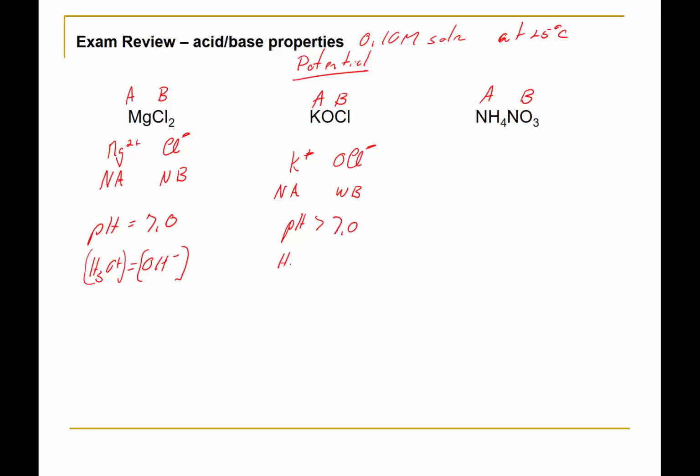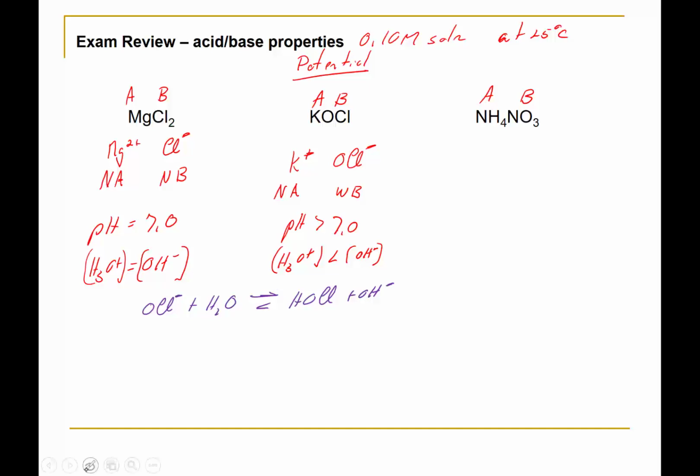The hydroxide concentration would be greater than the hydronium ion concentration. The hydrolysis reaction would look something like the following. The hypochlorite reacts with water. It's going to pick up a proton from water to form hypochlorous acid, thereby increasing the hydroxide ion concentration over the hydronium ion concentration. This is the hydrolysis reaction that would need to be written out in this particular case.